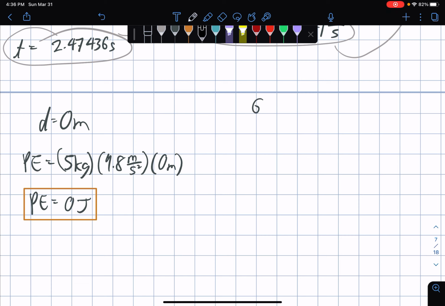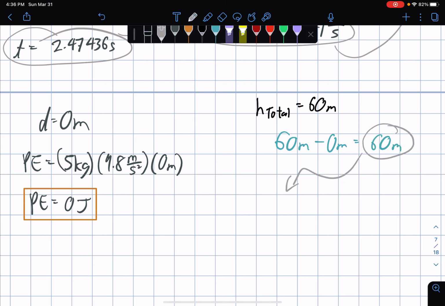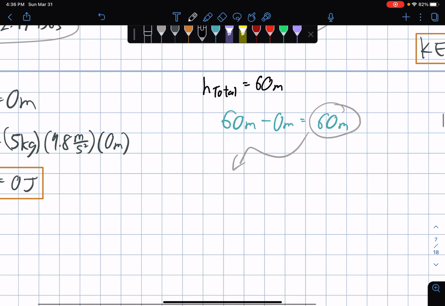So the total, again, is 60 meters. The distance that we're given is 0. So 60, the total minus what's given, which is 0, that's equal to 60. So this is the distance we use in looking for KE through the kinematic formulas.